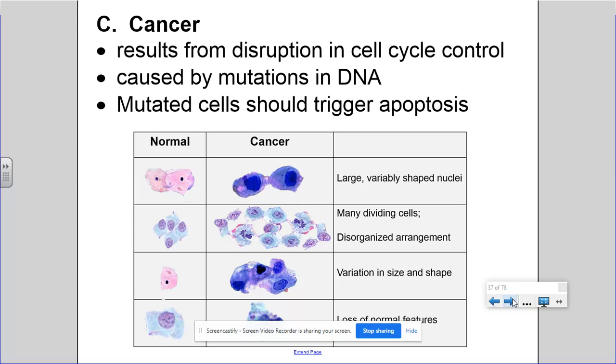This is not an uncommon thing. Mutations don't always lead to cancer. Your cell has lots of different self-check mechanisms to take care of mutations. If there is a mutation in DNA replication and the cell is not able to repair it, these mutated cells should commit cell suicide, apoptosis.